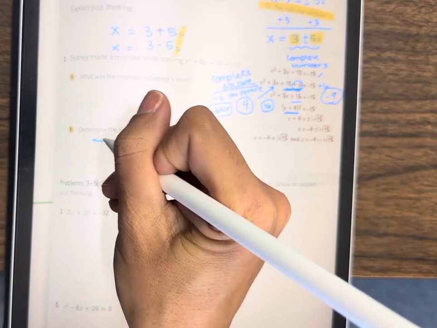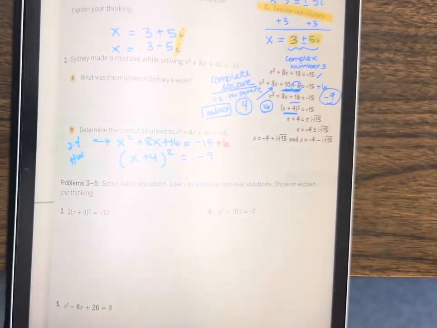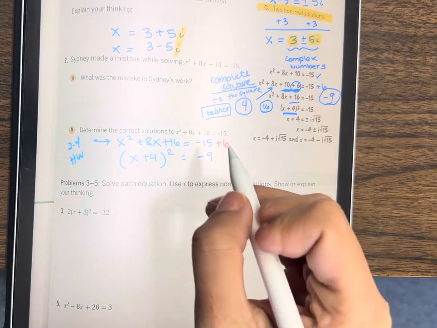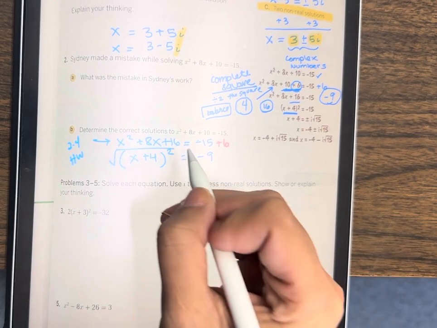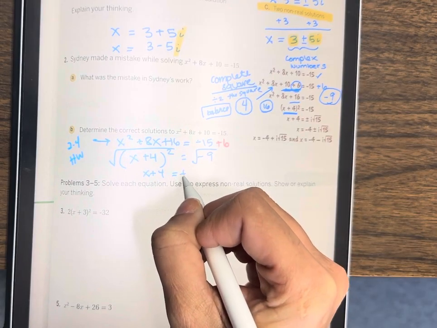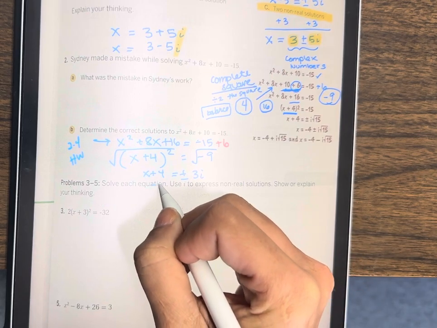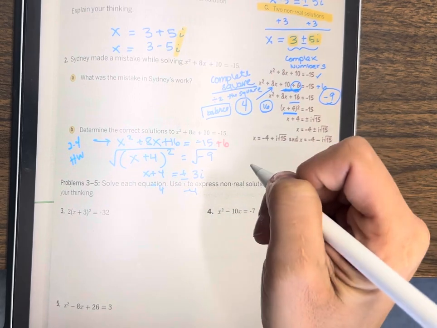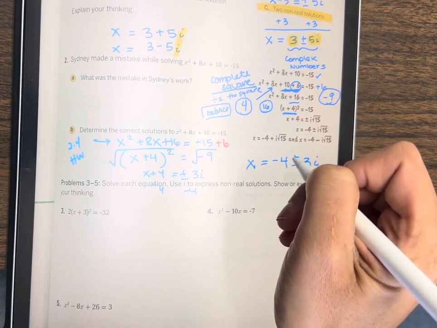You can look back at my factoring video, or you could look back at the 2.4 homework video where I show that. And then here, we square root both sides. X plus 4 equals plus or minus 3i. And then we still do need to subtract the 4 to get x equals negative 4 plus or minus 3i.